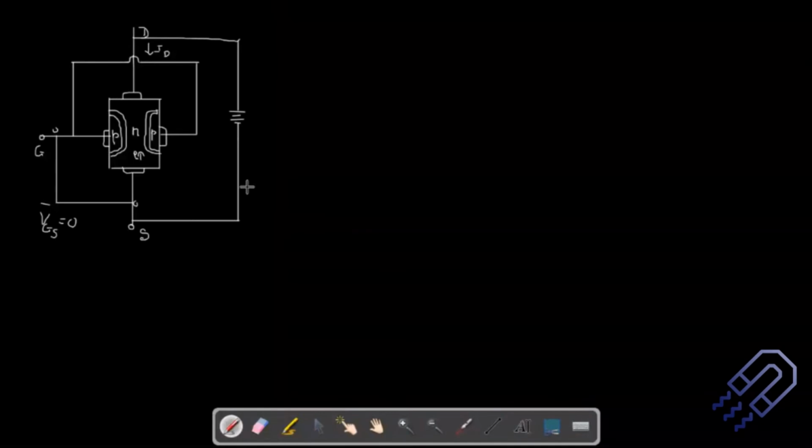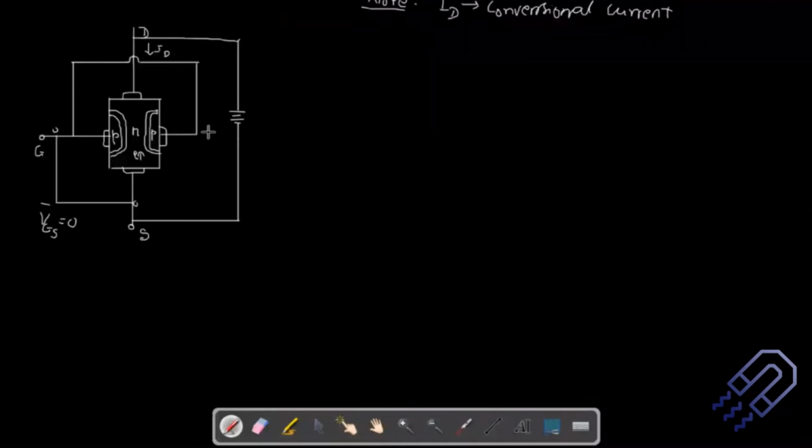Before that, maybe I can give you a small note on ID. This ID is basically nothing but the conventional current. You might be a bit confused about what the direction of current is that we are considering.